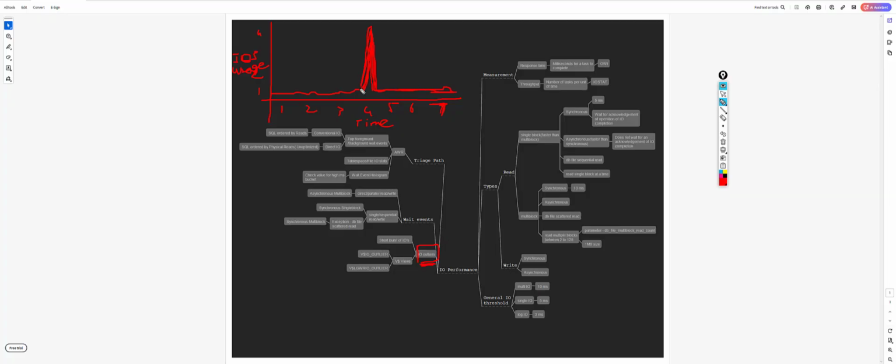So that's where these IO outliers come into the picture, right? Why? Because this is an outlier. So what is an outlier? An outlier is something different or away from the original mean or median, right?